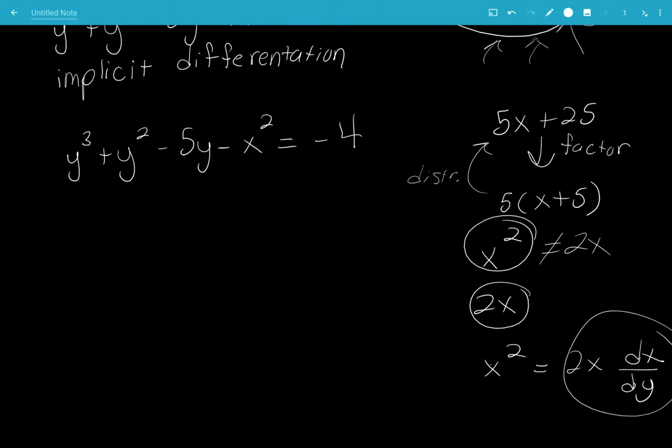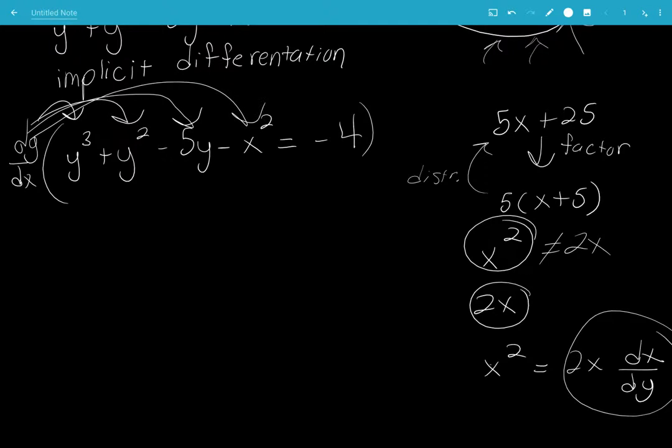So what I'm going to do is take the derivative of this whole thing, dy dx, because we are doing it on y. So I'll say the derivative, I'm going to distribute this derivative because I can do that. All these things are being added.